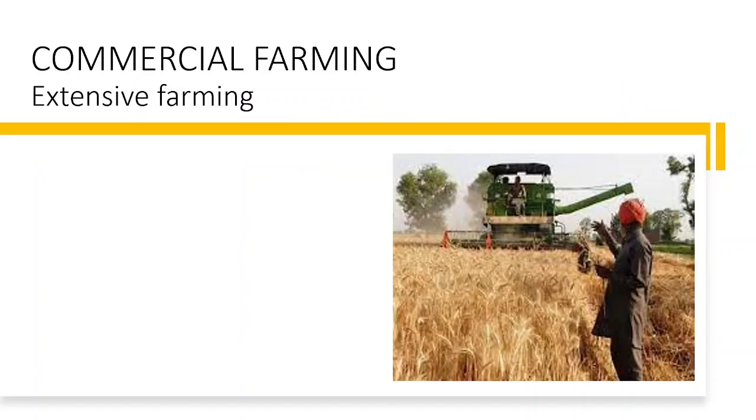Now, the third type of agriculture that we're looking at is the commercial farming, which includes extensive farming. As the name suggests, it's a farming done on a very large scale. Some features of this type of farming are, it is a monocrop type of farming. That means only a single crop is grown at one particular point of time in the particular piece of field.